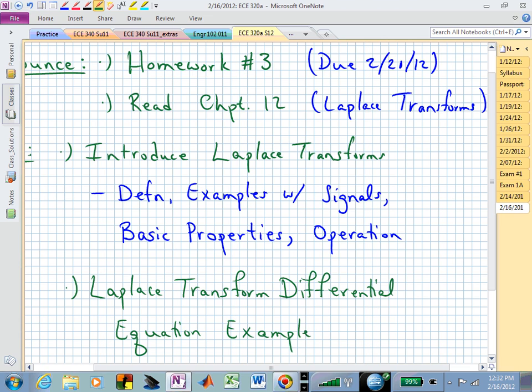Essentially, if you didn't know it, you were living on the j omega axis up until now. When we step into the Laplace transform, we will be able to walk around the entire complex S-plane, not just the imaginary j omega axis. That's what we will do.